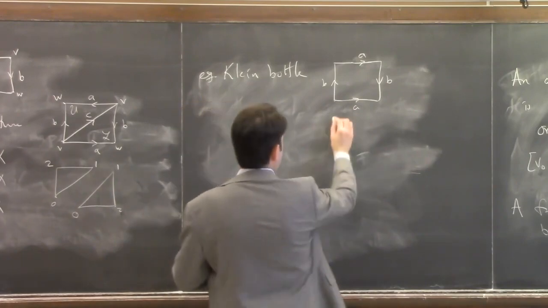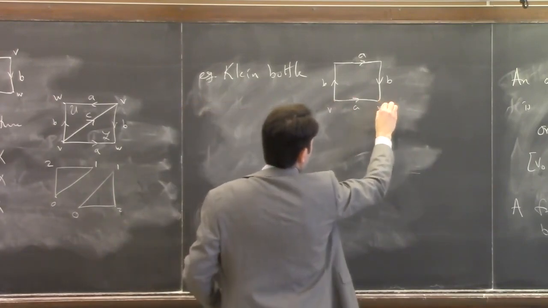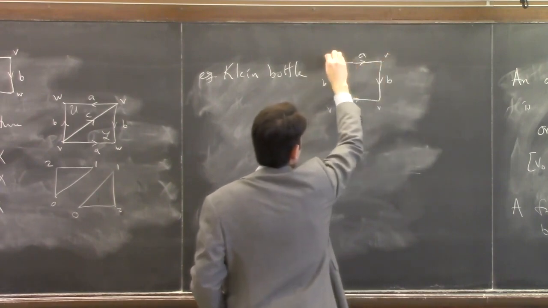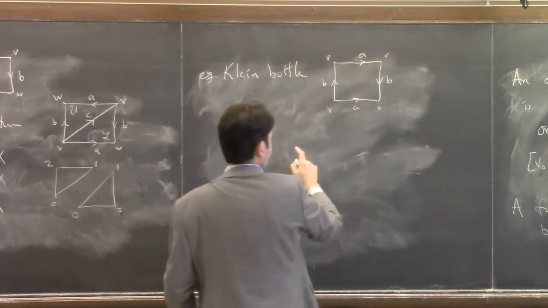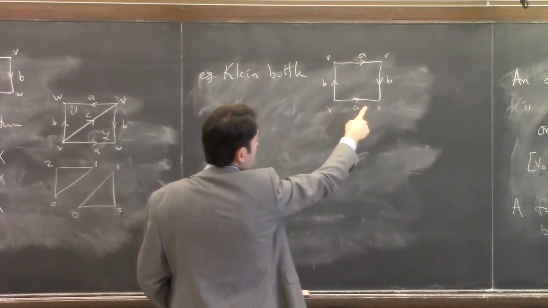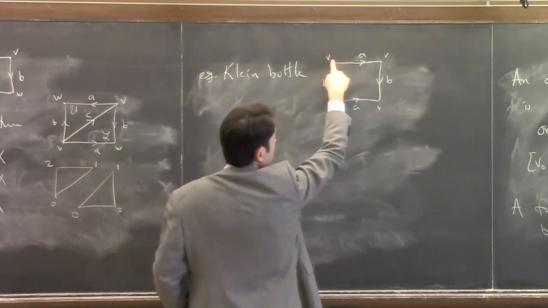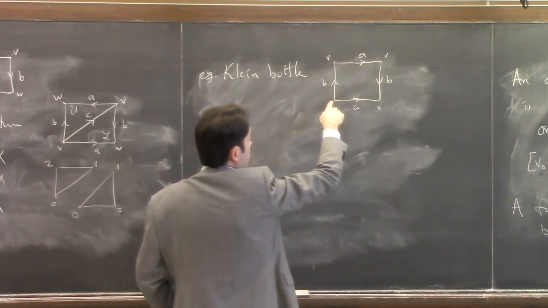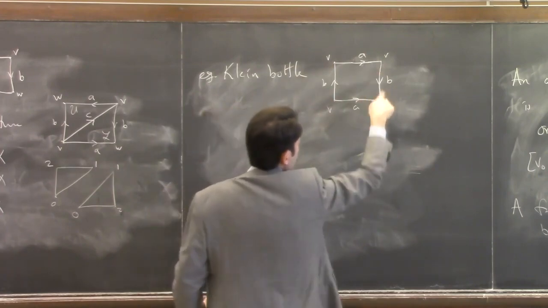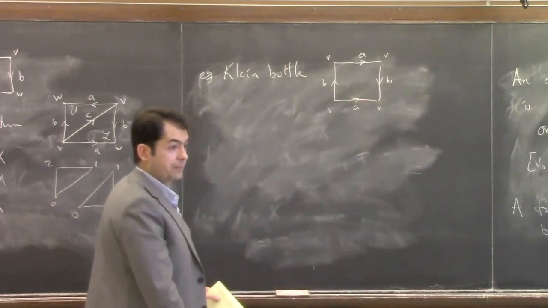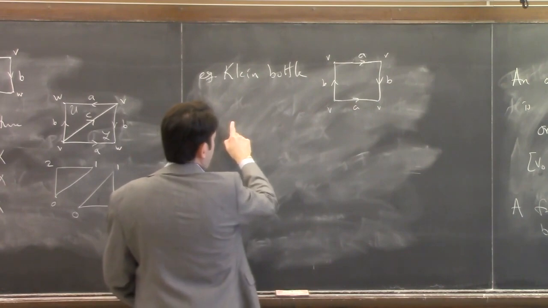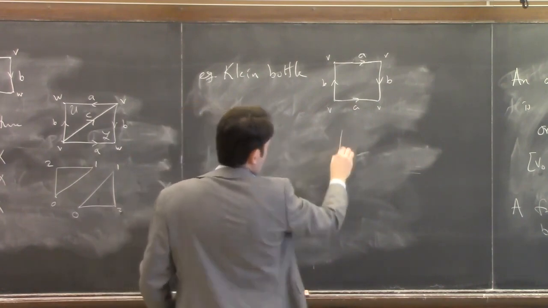So in this case, we again have a single vertex, right? Because wherever A starts here is the same place A starts here, and this tells us that B begins and ends at the same vertex. So B begins and ends at the same vertex over there. Yeah, and so we'll do the same thing.